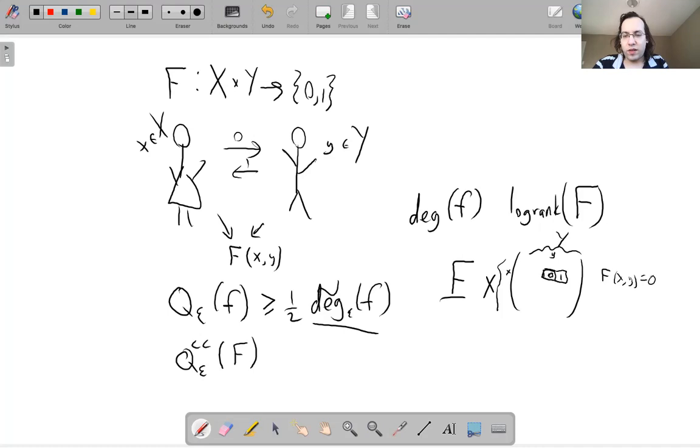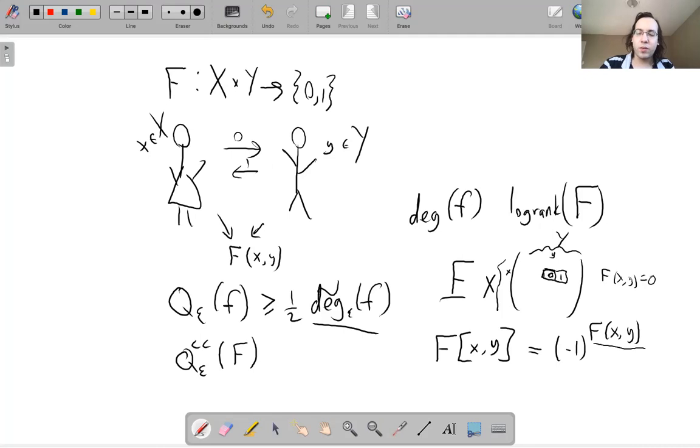So here we can do the same thing and write f as a sign matrix, where f at position x,y of the matrix is (-1) to the power of f of x,y. This switches from the 0-1 values of f of x,y to -1 and 1 values. Then we'll have a sign matrix, a matrix with 1s and -1s.